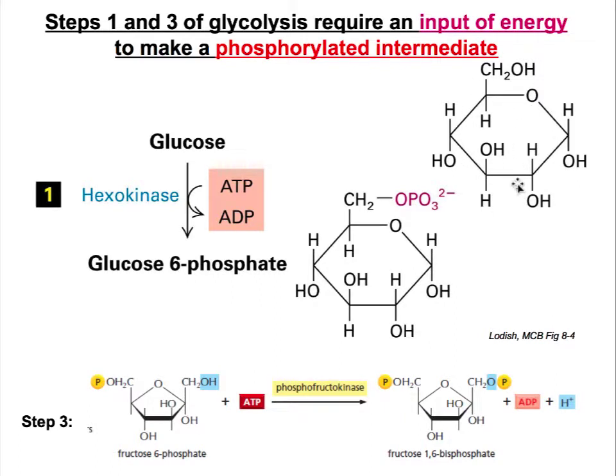And inside a cell, it resonates between those 2 structures. Regardless, glucose is a very labile product. That means it will diffuse through the GLUT transporters, the facilitated transporter proteins for glucose, down its concentration gradient.